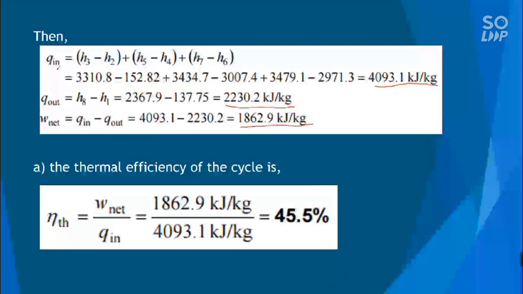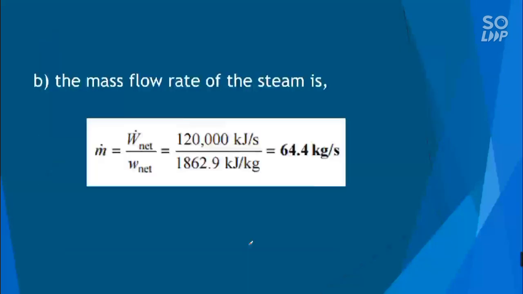So now, since we have the values for Q in, Q out, and the net work, we can solve for the thermal efficiency of the cycle, denoted by this formula: the thermal efficiency is equal to the net work over Q in. So we have 1,862.9 kilojoule per kilogram over 4,093.1 kilojoule per kilogram. The units will cancel, and we have 45.5%. So our thermal efficiency in this problem is 45.5%.